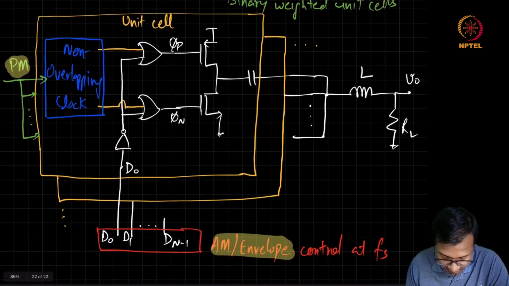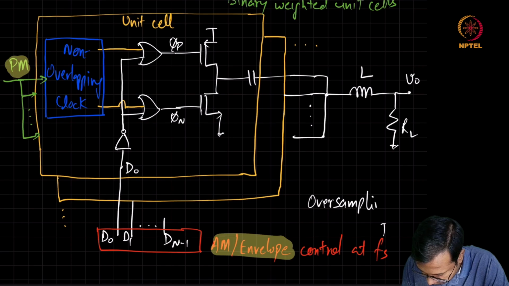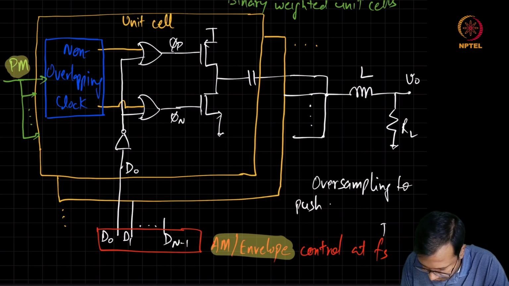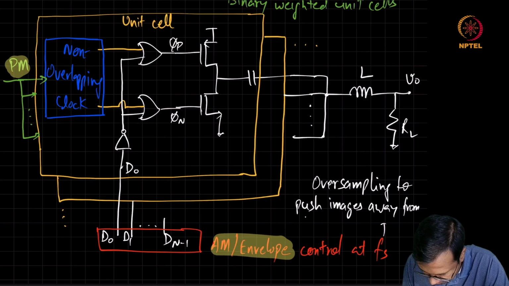So here also we can say that we can use oversampling to push the DAC images away from FRF.